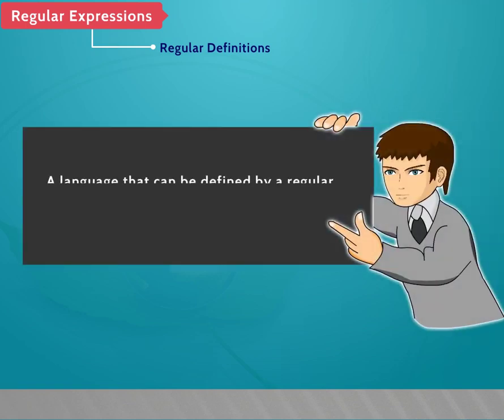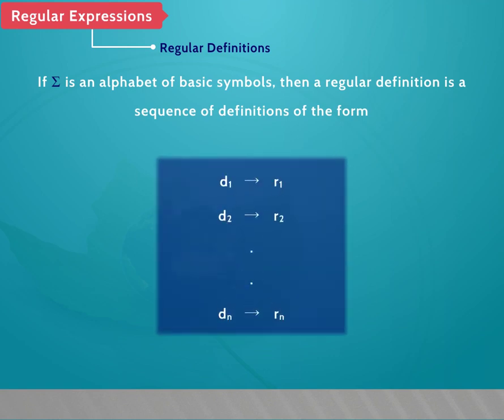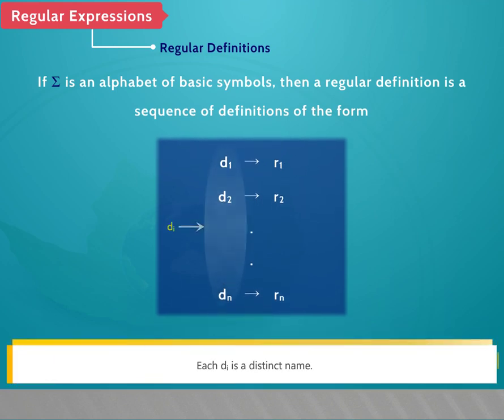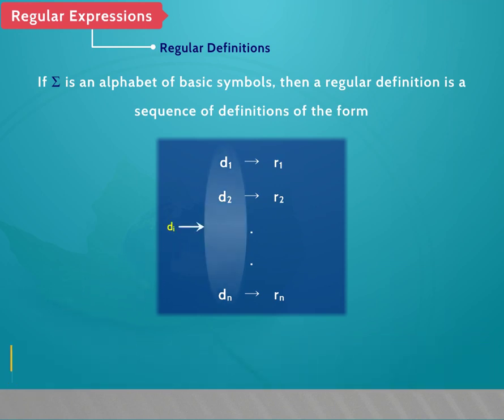Regular definitions. Giving names to regular expressions is referred to as a regular definition. If Σ is an alphabet of basic symbols, then a regular definition is a sequence of definitions of the form D1 → R1, D2 → R2, up to Dn → Rn. Each Di is a distinct name.